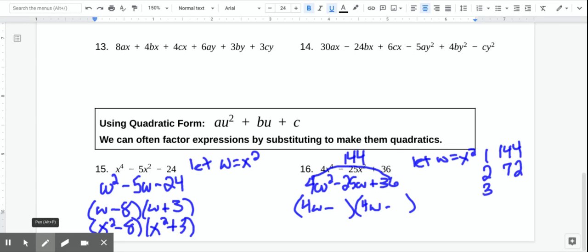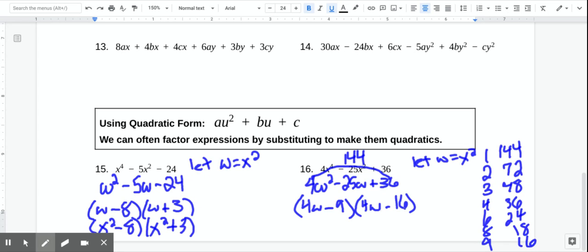These have to be the same signs. 3 and 48. 4 and 36. 5 doesn't work. 6 and 24, that doesn't work. 7 doesn't work. 8 and 18. 9 and 16. I think that's it. Yep, 9 and 16.